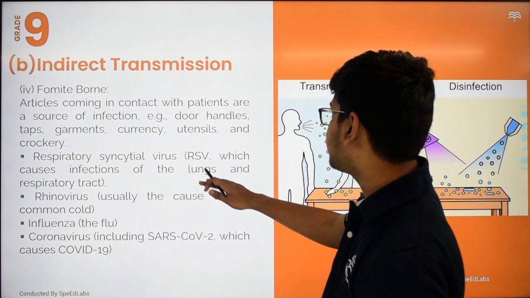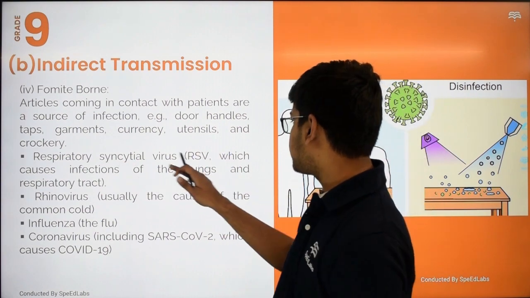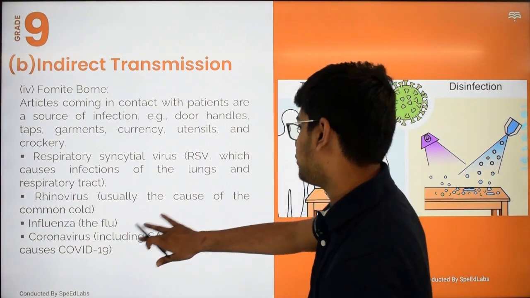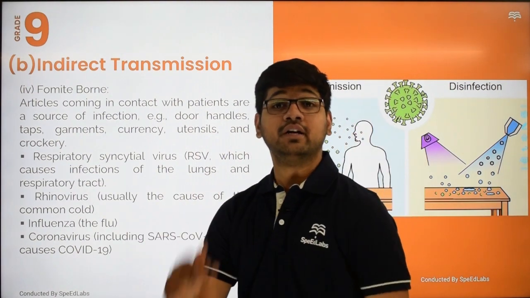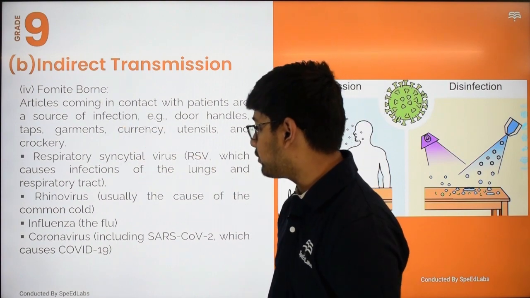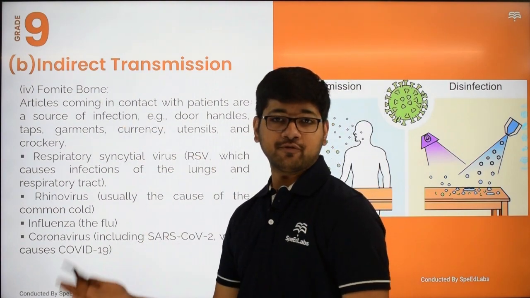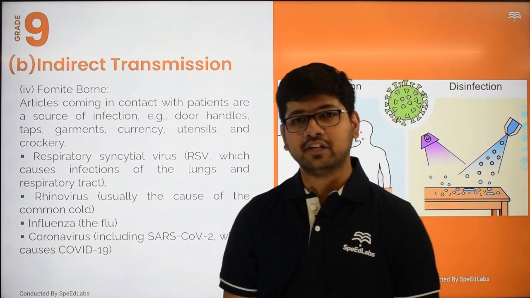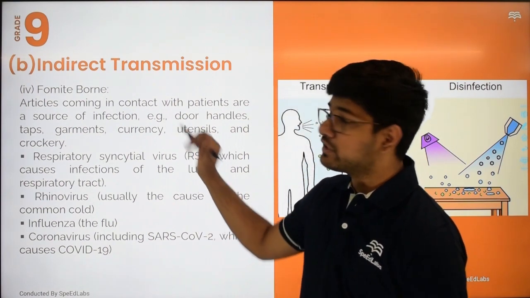Respiratory syncytial virus, RSV, which causes infections in the lungs and respiratory tract, is one example. Rhinovirus, usually the cause of the common cold, also comes through fomite-borne transmission. Influenza or the flu, along with the coronavirus that you have seen in recent years, is also a fomite-borne disease.